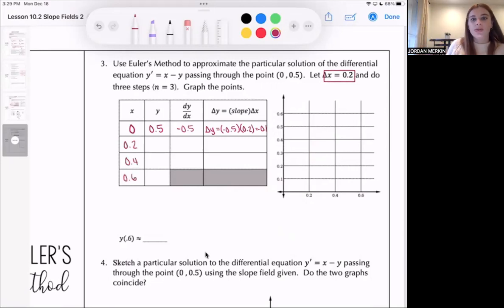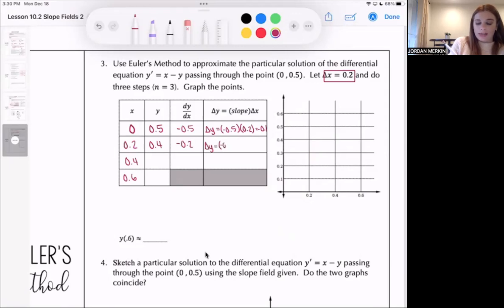We're going by 0.2s. And then remember delta y was negative 0.1, so we're subtracting 0.1 from 0.5 to get a y value of 0.4.